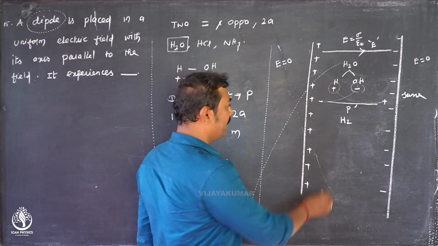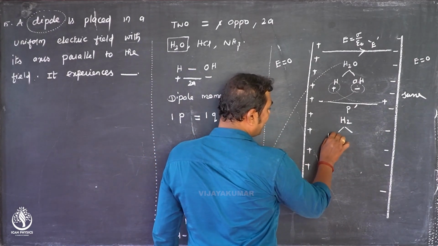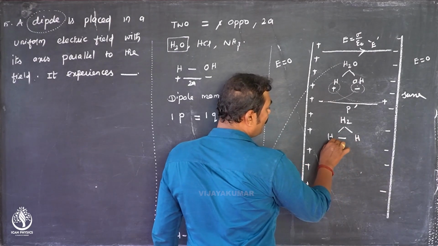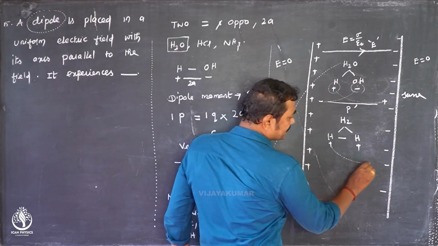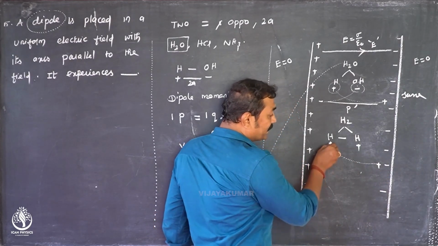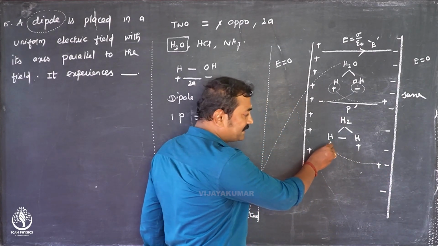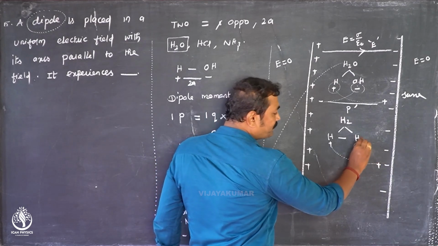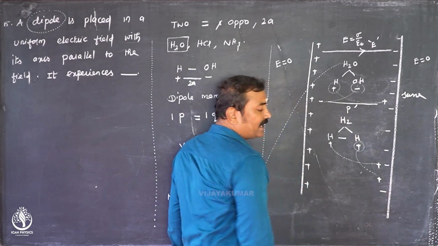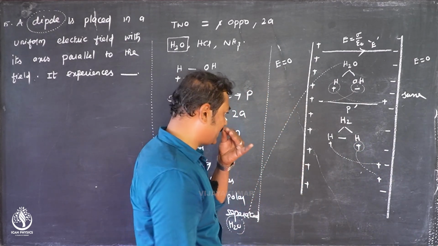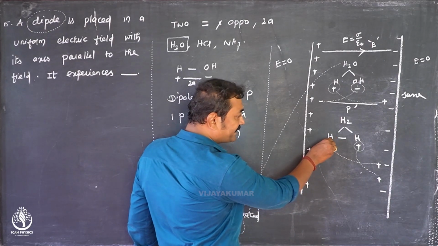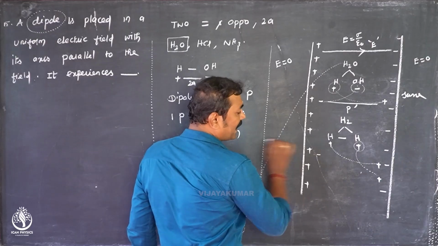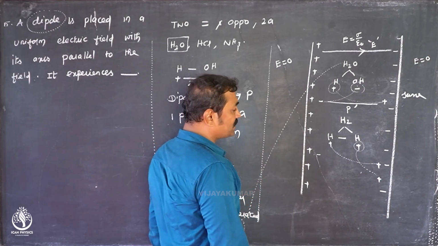The positive charges try to align towards the negatively charged plate, and the negative charges, which coincide with the positive, align towards the positively charged plate.